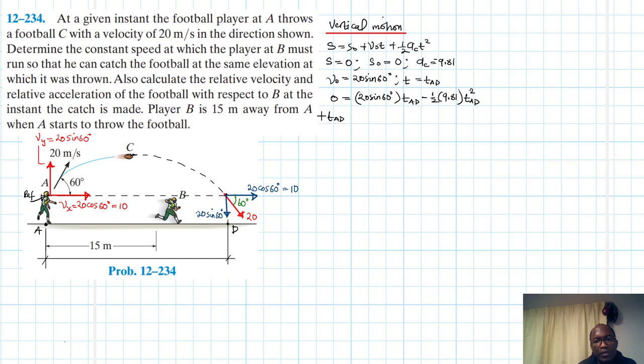Factoring out T_AD, 0 equals T_AD times (20 sine 60 minus half of 9.81, which is 4.905 T_AD). Therefore, T_AD is equal to 0 in the first case, and the other one is 20 sine 60 divided by 4.905. So this is just equal to 3.53 seconds.